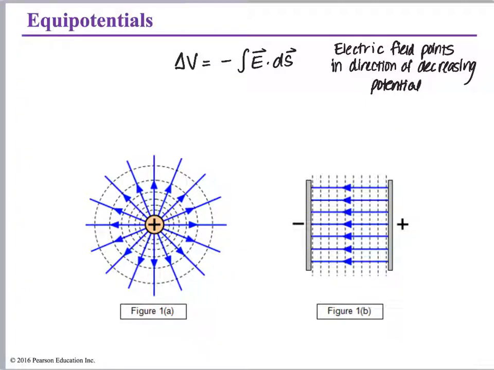And then when we got to the idea of equipotentials, we said, what if E is perpendicular to our displacement, that would mean then our delta V was equal to 0, and so we would be moving along what we would call an equipotential.